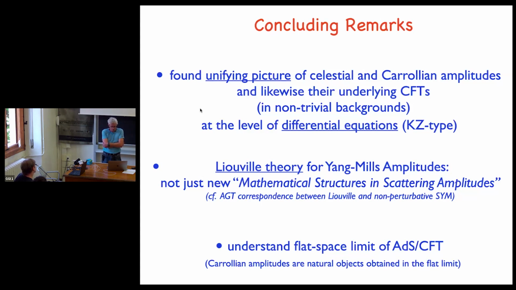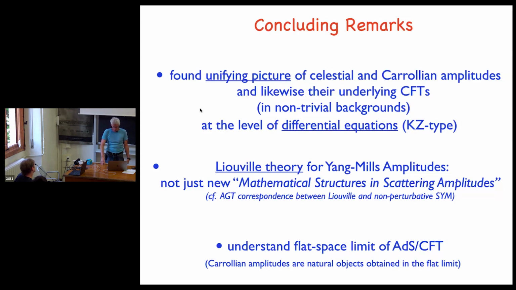So from the string point of view, it's quite natural to consider gluon amplitudes in a dilaton background. Most of the results in the celestial picture are top down: you have your results in 4 dimensions, you transform them to 2 dimensions, and then you might learn things about this celestial conformal field theory, but you don't learn anything new for the 4-dimensional theory.